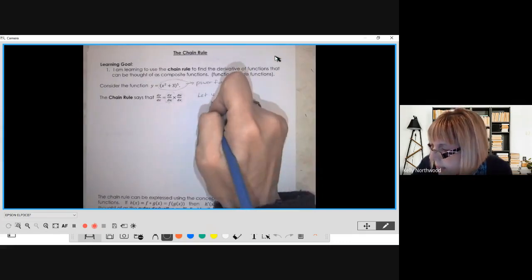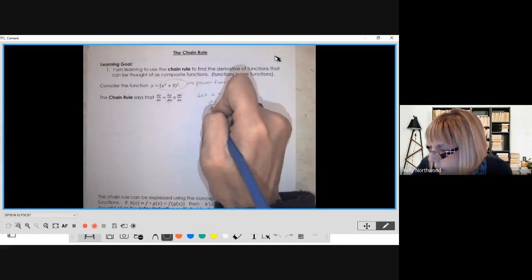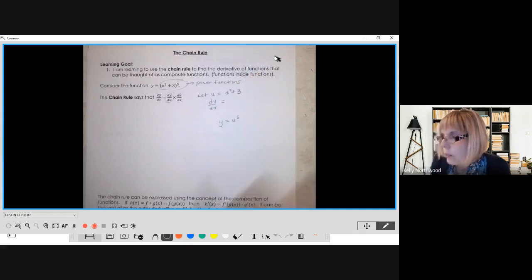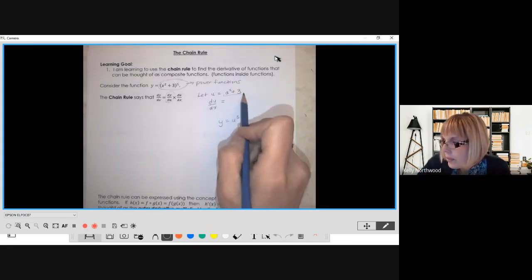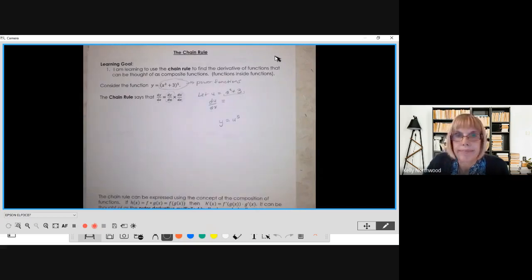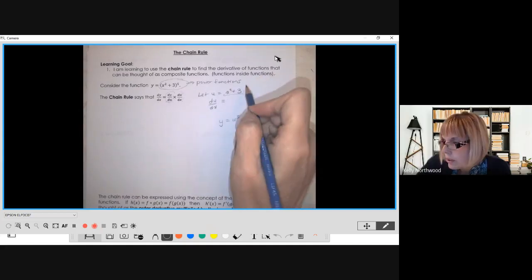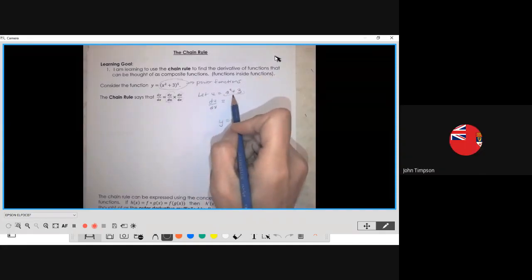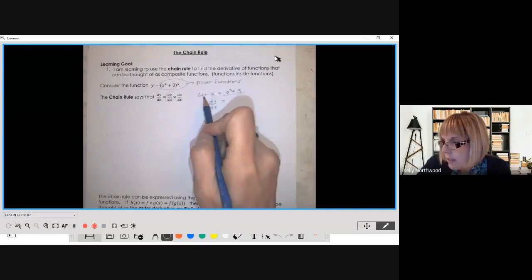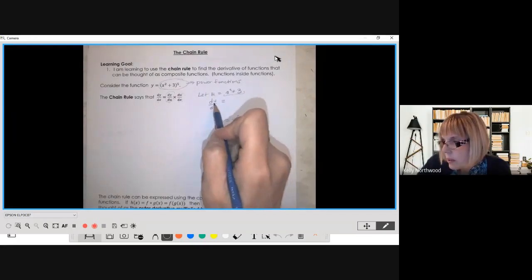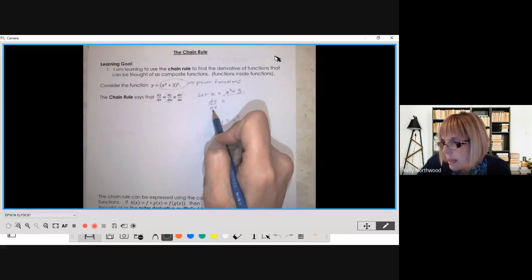So if I find du by dx, the derivative of u with respect to x, what would that be? If u equals x squared plus 3, what's the derivative of u with respect to x?